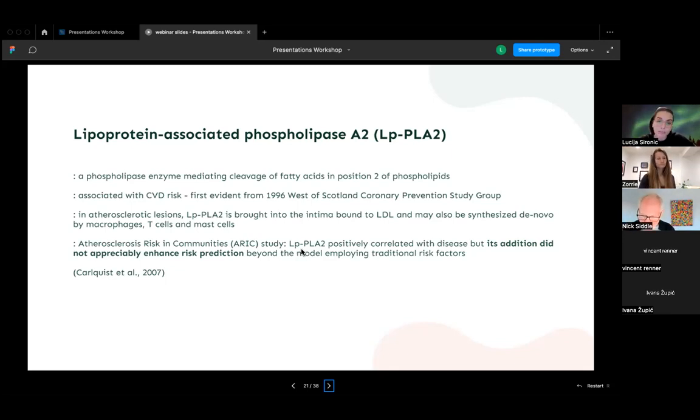It looks like if you measure this marker, it will correlate with cardiovascular disease incidence, as I said, but having it doesn't really make a difference to risk prediction. So it is quite doubtful whether this one is something that you might need to think about in all patients.